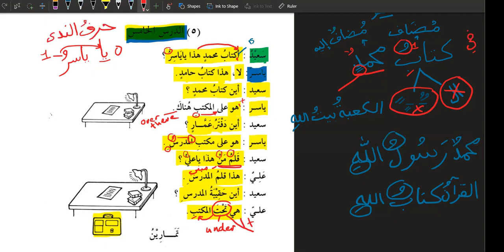So tahta will make the word that comes after it take a kasra. And the opposite would be fawqa, which means above. So we have under, then we have fawqa, above. So we could say هي تحت المكتب, or we could say هي فوق المكتب.